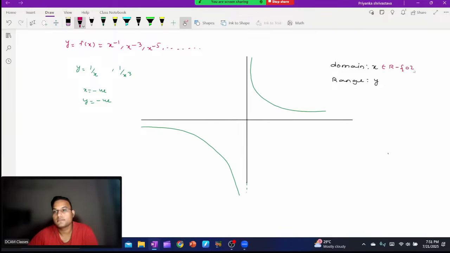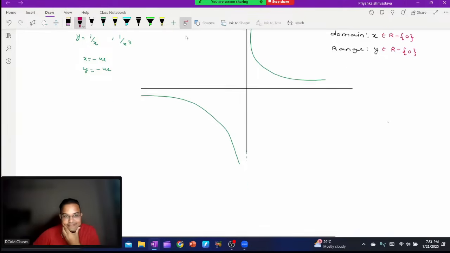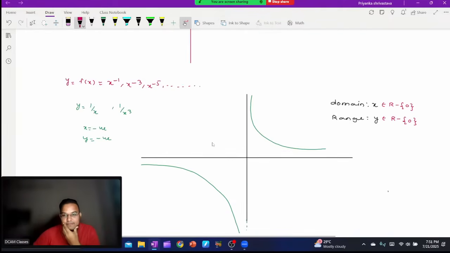And range? Range would be the open interval from minus infinity to 0, union 0 to infinity. That's the same thing as R minus 0, no? Correct? Yes.